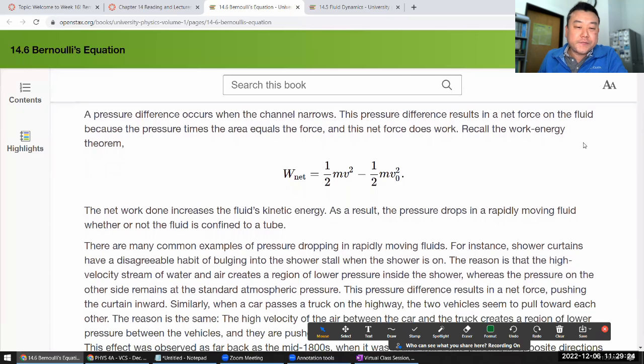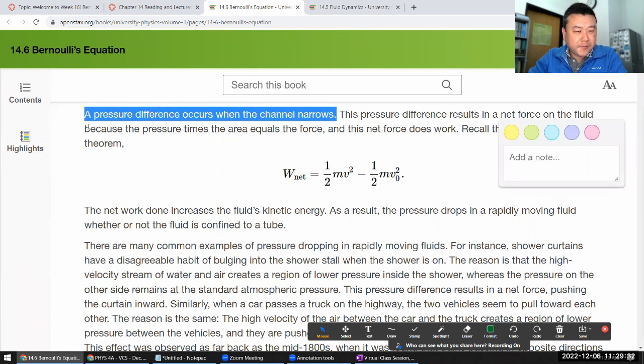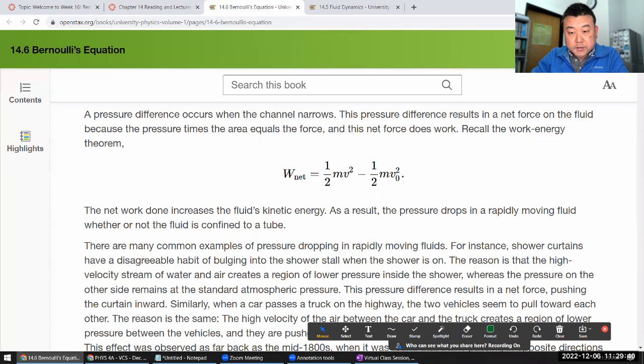A pressure difference occurs when the channel narrows. This, I think, is basically a statement of experimental fact, and hopefully we'll see some derivation that justifies theoretically why this should happen. This pressure difference results in a net force on the fluid, because pressure times area equals force, okay? And this net force does work. I think that makes sense conceptually.